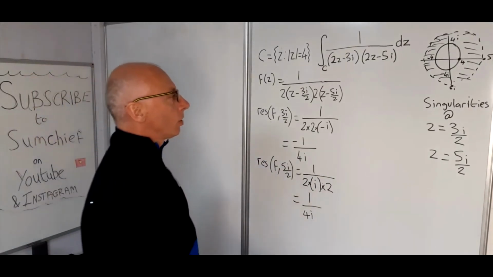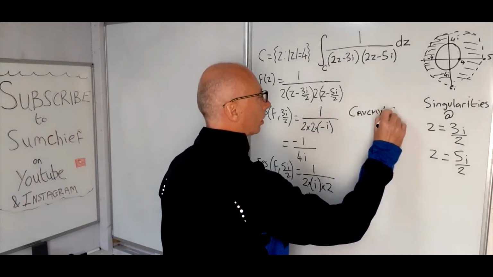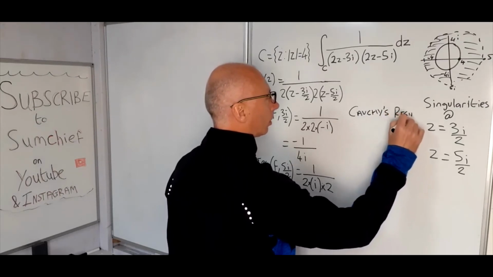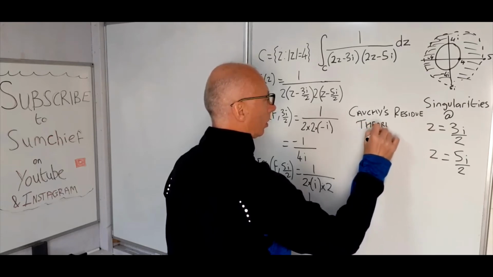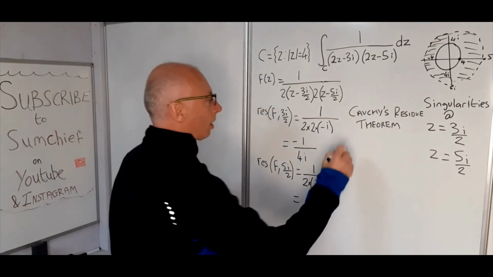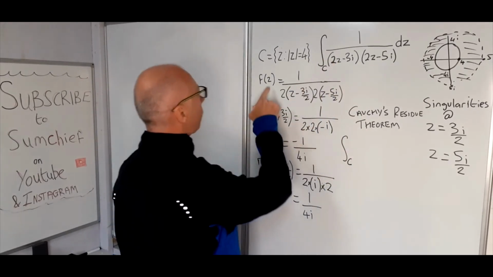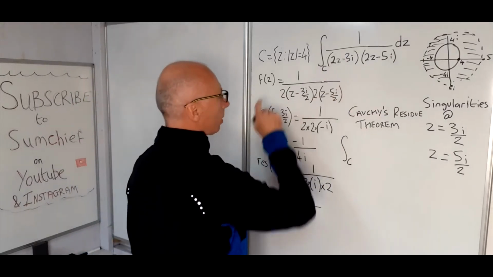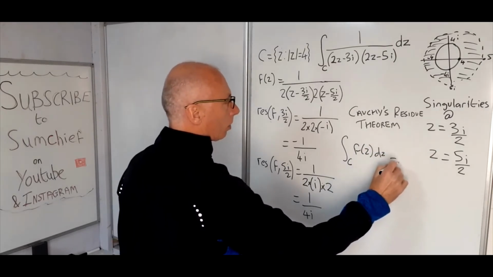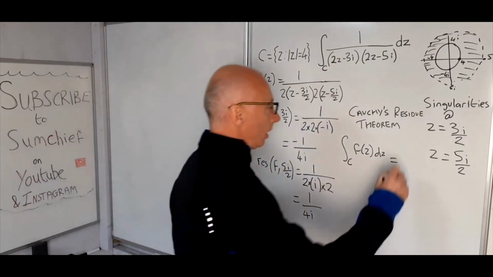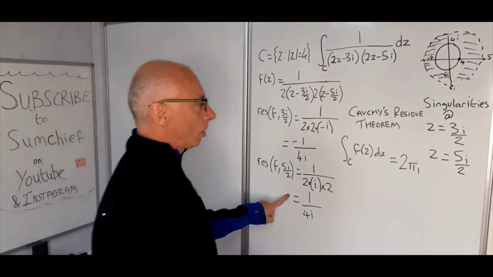So now Cauchy's residue theorem, let's just write that down here. Basically, the answer will give us the answer to this integral over C of f of z, so that's our function, that's the same as this, dz equals 2 pi i, and then you multiply the sum of the residues.